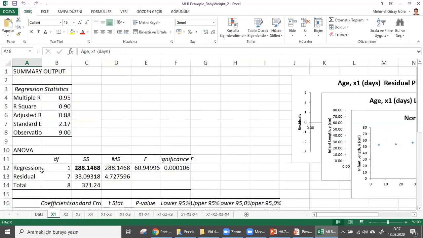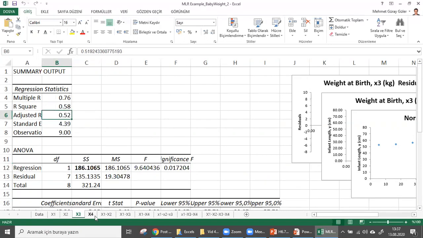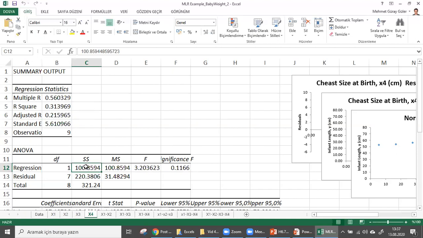So we check the SSR. The SSR of the first one, where we have x1, is 288. SSR here is 215. SSR is 186, and here SSR is 100. Which one is the largest?